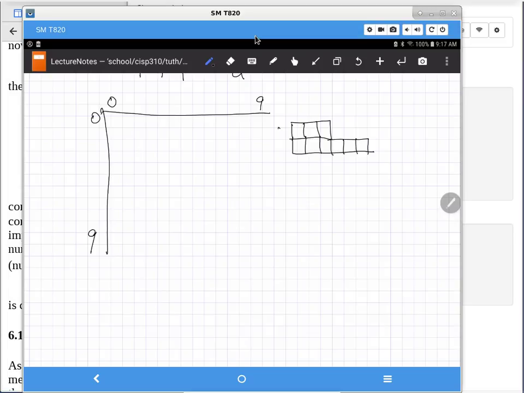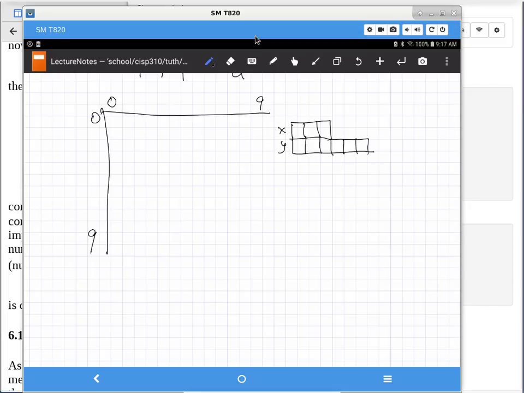Oh, this is still kind of laggy. Okay. So what do you do? You borrow. But how much are you borrowing? It depends on your base. In base 10, guess how much we're borrowing? We're borrowing 10. Exactly.